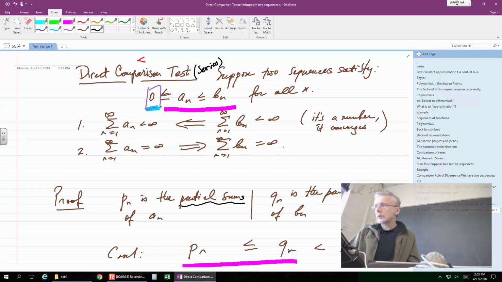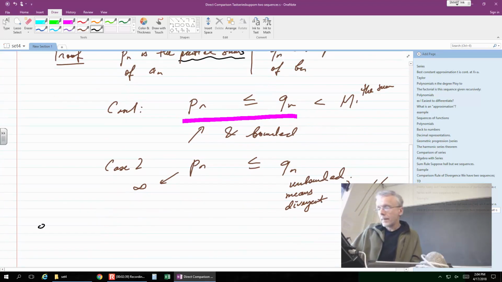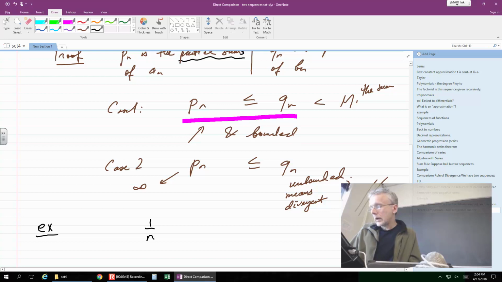As an example, take 1 over n less than or equal to 1 over n minus 1. That's an obvious inequality, and in addition all the terms are positive.